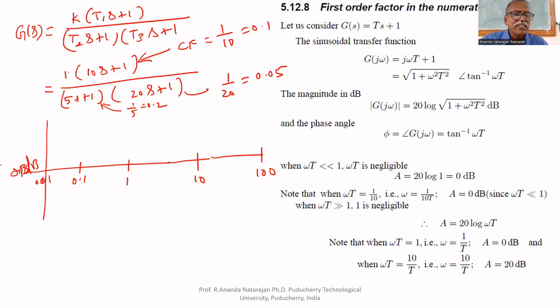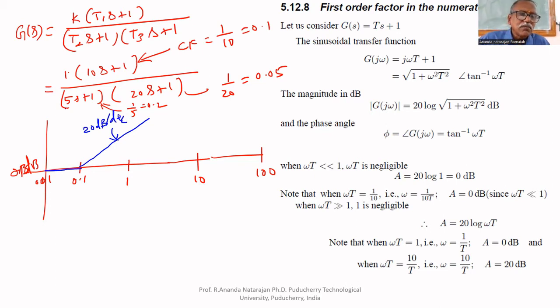Okay, so everything is covered. What is the plot for the numerator factor? I am drawing the plot for the numerator factor. Corner frequency is 0.1. Therefore, up to 0.1 it is 0. After that, it increases at the rate of 20 dB per decade. Am I correct or not?